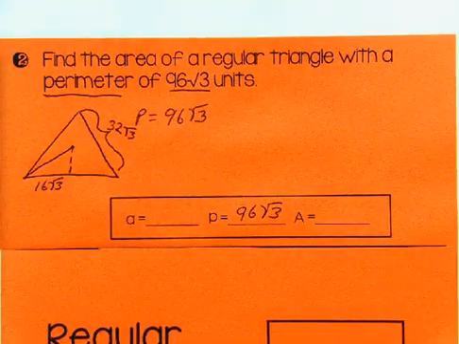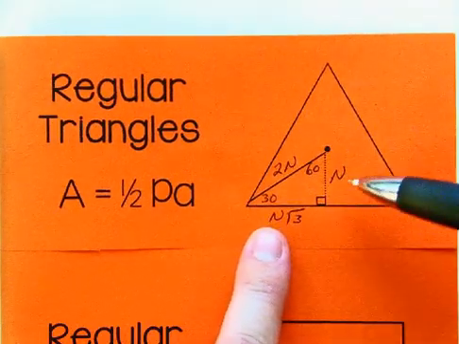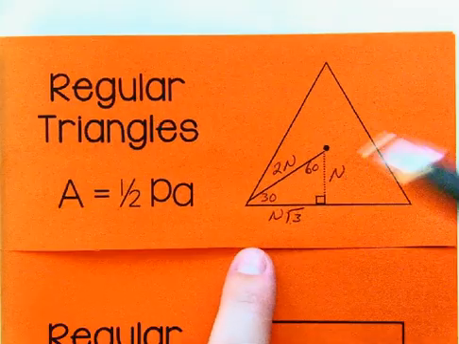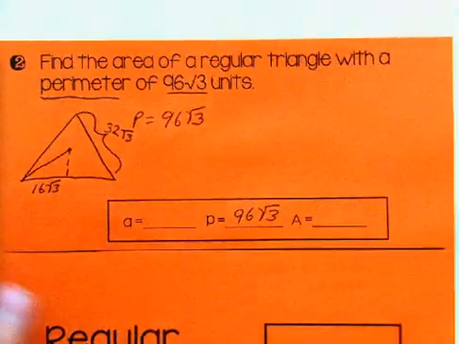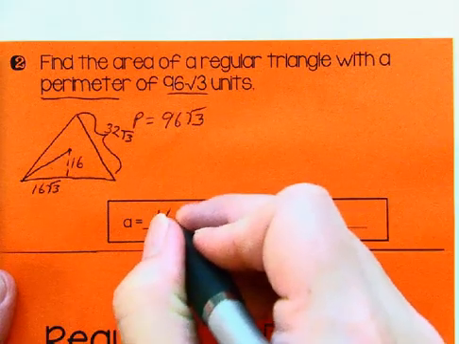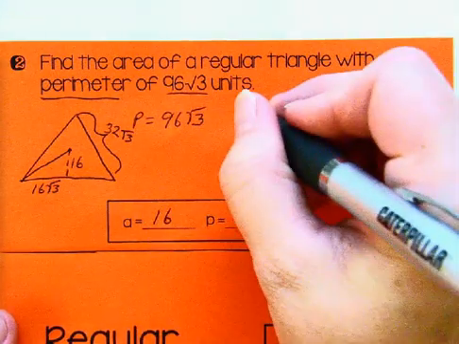Now if we look back, we have this piece down here, we need the apothem. If this is 16 square root of 3, the apothem is going to be 16. Now that we have the apothem, we're going to plug it into our formula.